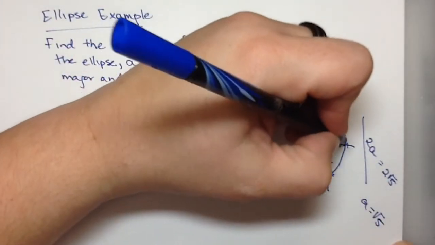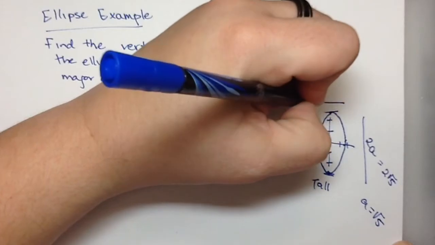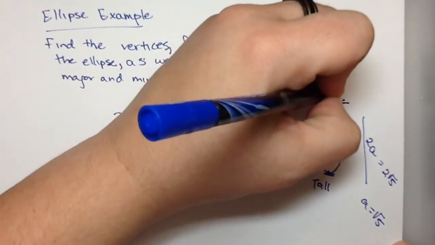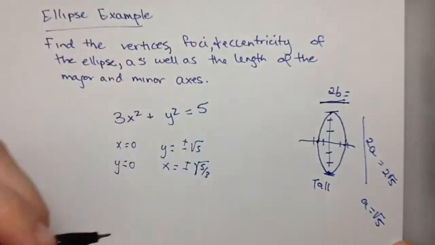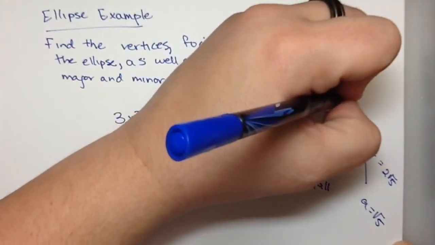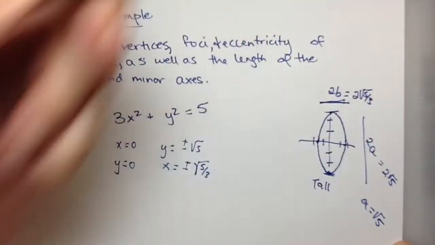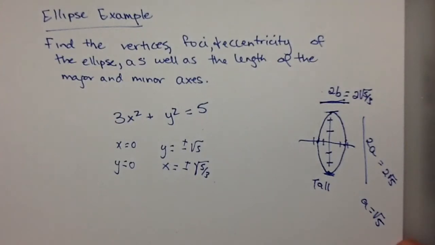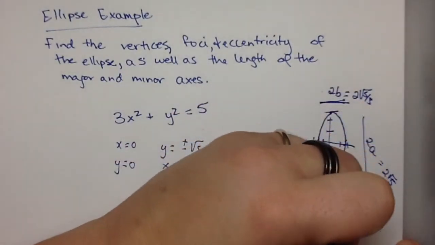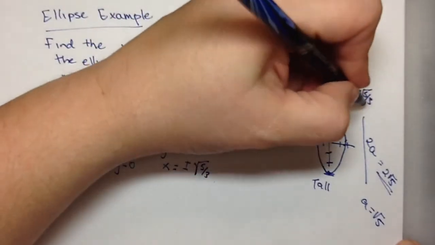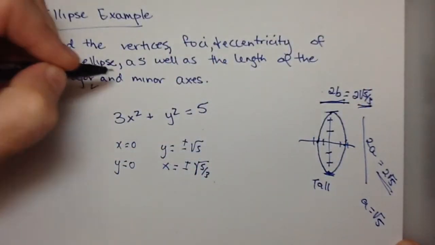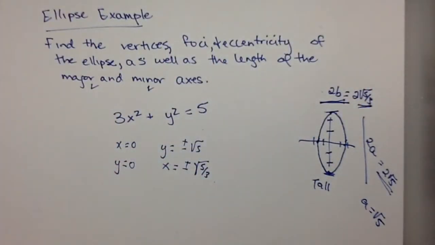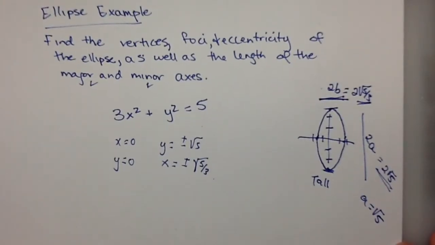And B, so from this point to this point, we know 2B, the length of the minor axis, is 2 square roots of 5/3. Okay, so this is the major axis. This is the minor axis. So that and that are done. So now we have to find the foci, eccentricity, and the vertices. So let's get this into the standard ellipse equation.